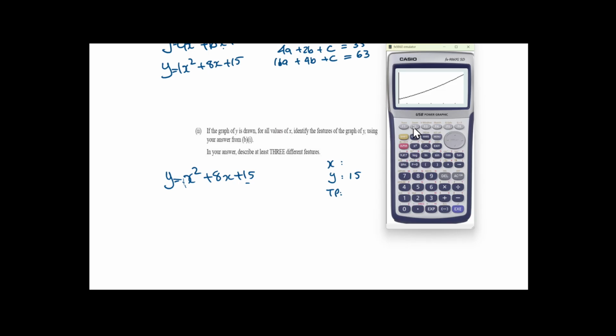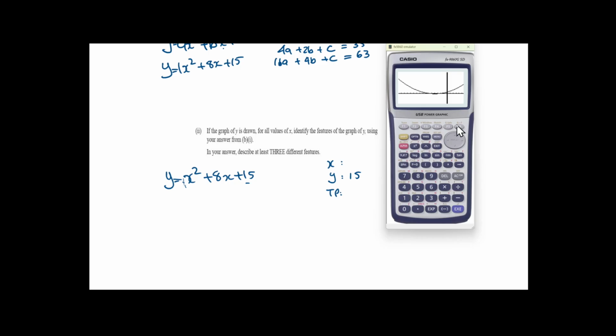Now I'm going to zoom out. Zoom out there again. Okay, so it's going to look like that.